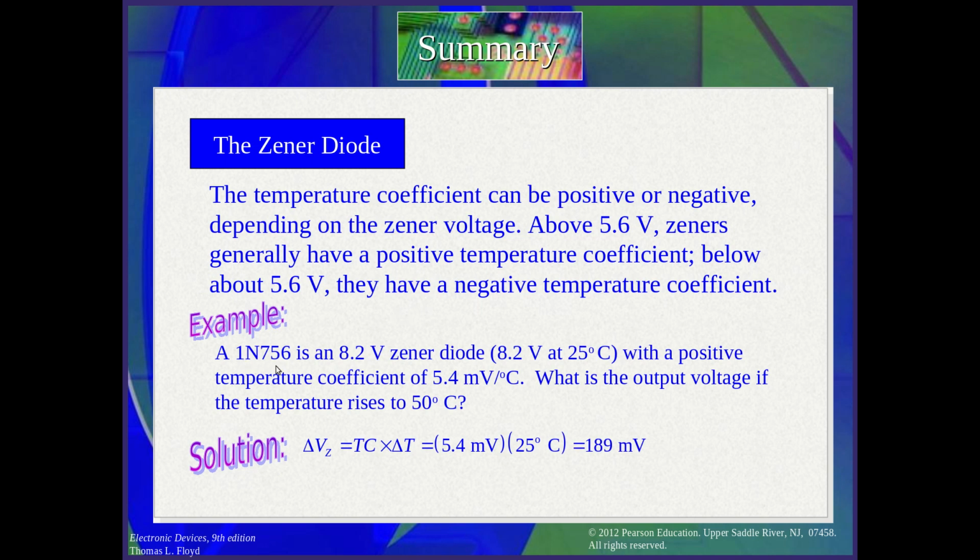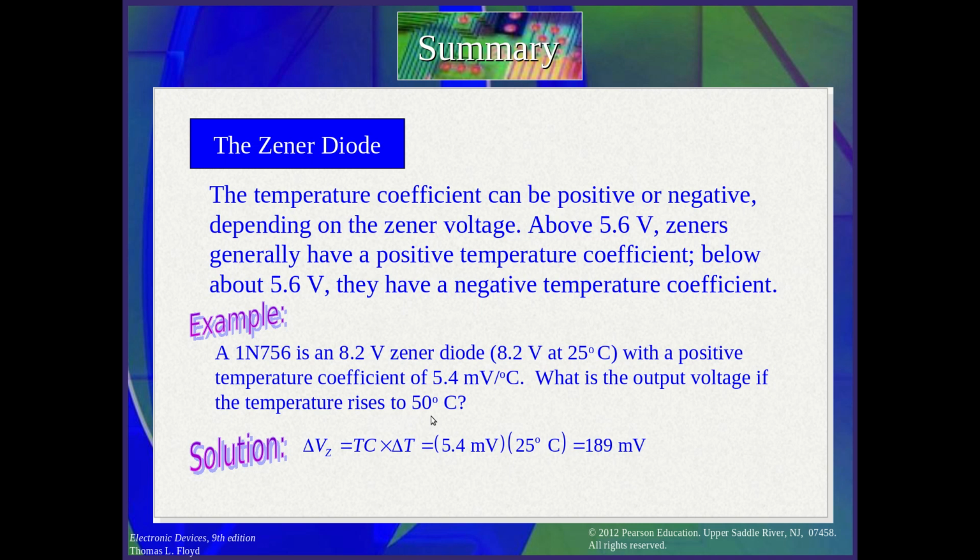This is the name. If you go to the electronic devices store and say I want a 1N756, this is the name of one of the commercial devices. This is 8.2 volts at 25 degrees, the characteristic of this Zener diode with a positive coefficient at 5.4. From these conditions, you want to calculate the output if we raise the temperature to 50.